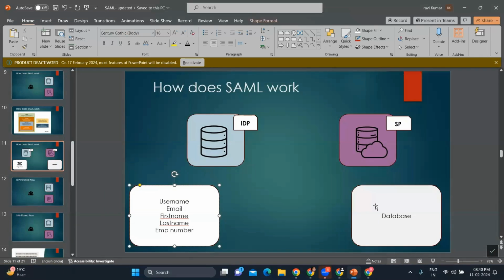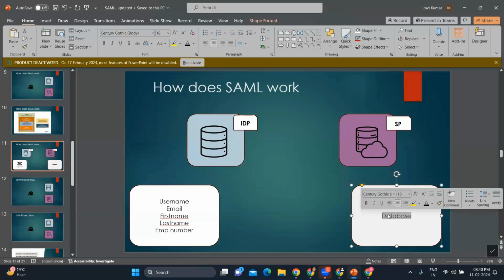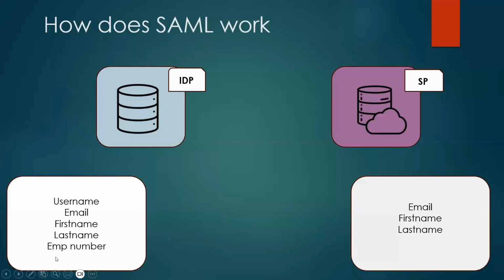If you consider a service provider as an application, it will also maintain some information. Over there, they may just have email, first name, last name. Imagine only these three pieces of information. Now, when someone tries to access, this will come to its own database, validate, and go back and share that information.